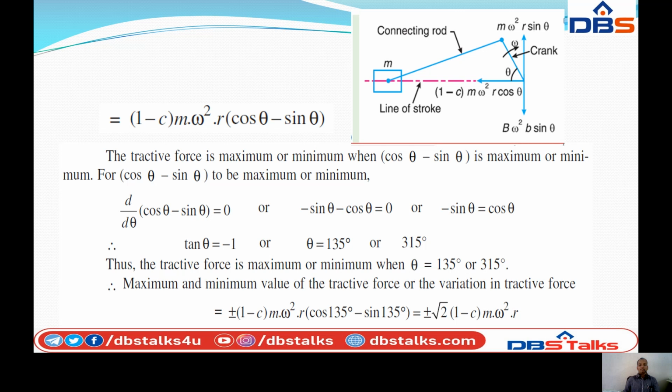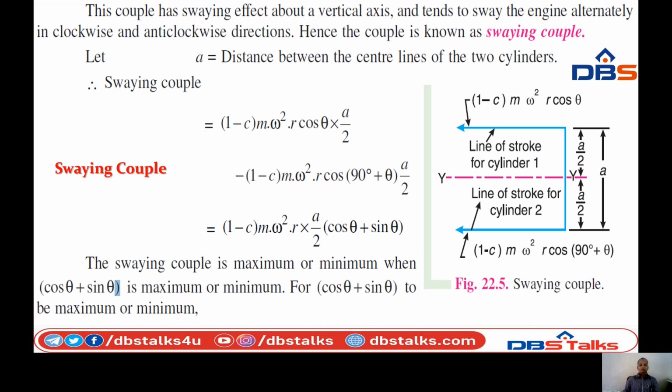Finally we conclude with plus or minus root 2 into (1 minus c) m omega square r. This is the variation in tractive force, the final formula we have received. With this, the tractive force was completed.